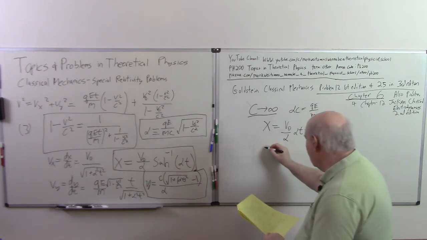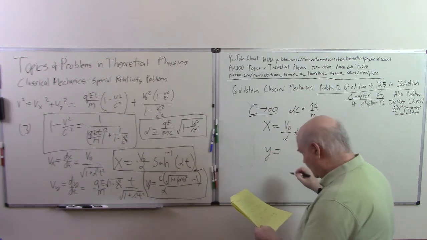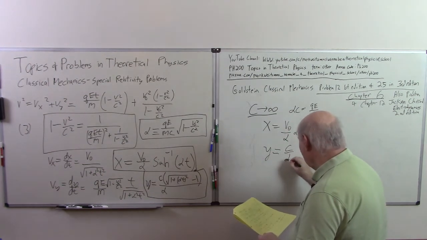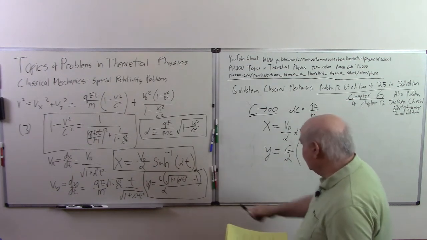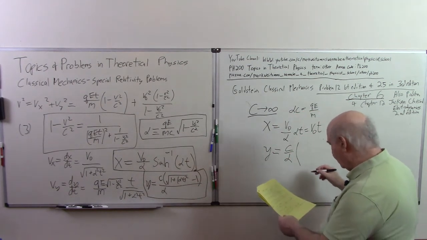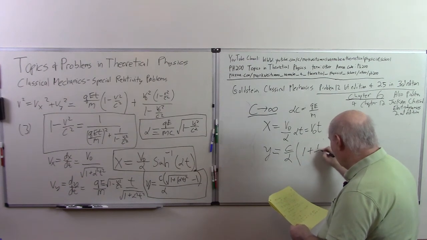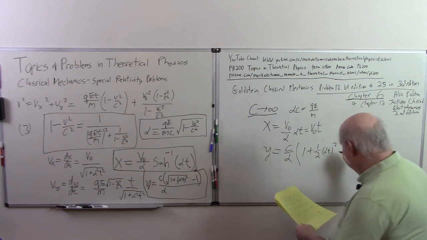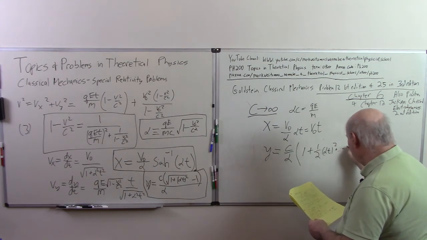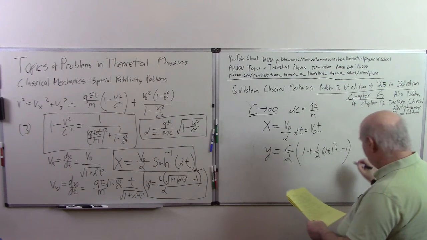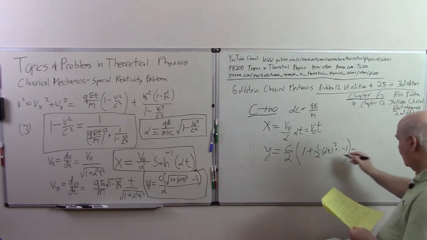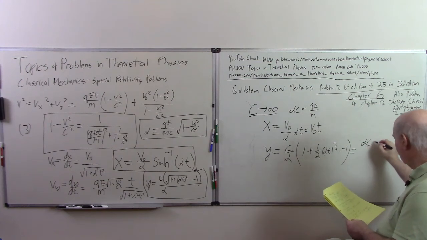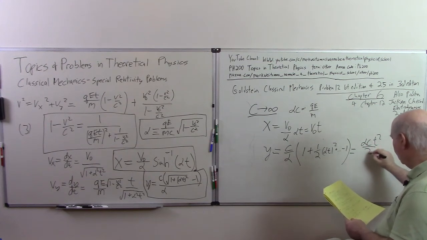And y is equal to c over alpha. Now alpha t again becomes small, so let's expand this square root. We get 1 plus 1/2 alpha t squared plus dot dot dot, minus 1, which is equal to, we have an alpha squared, so we get alpha c t squared over 2.